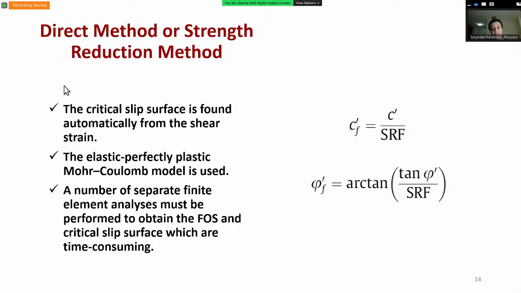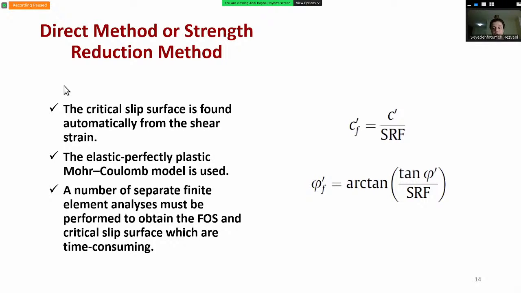In the direct method or the strength reduction method, the critical slip surface is found automatically from the calculated shear strains. In this method, the perfectly plastic Mohr-Coulomb model is used. A number of separate finite element analyses must be done to obtain the factor of safety and the critical slip surface, which is more time consuming and also sometimes more expensive than the other methods.